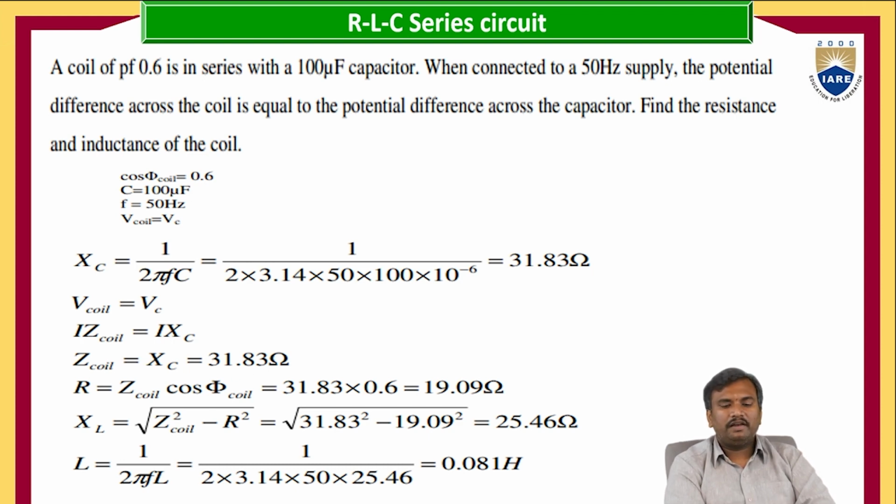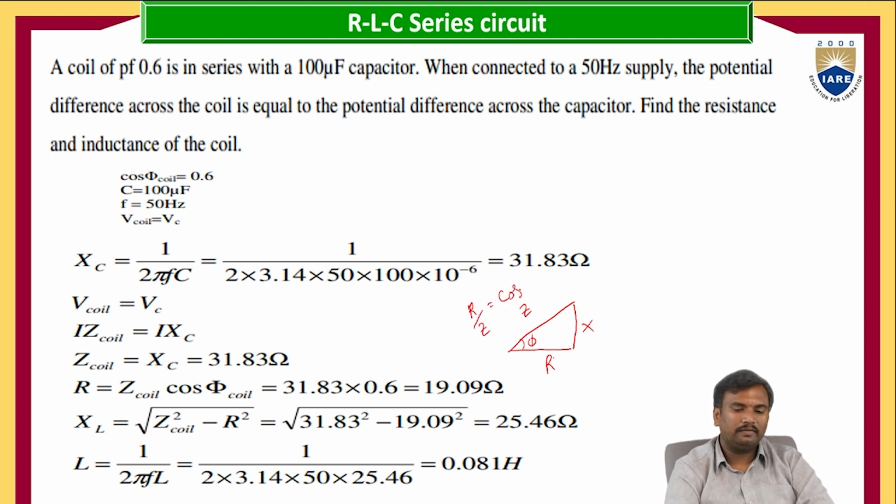And we know that from the impedance triangle, this is the Z, R, X. From the impedance triangle, R by Z is equal to cos phi.